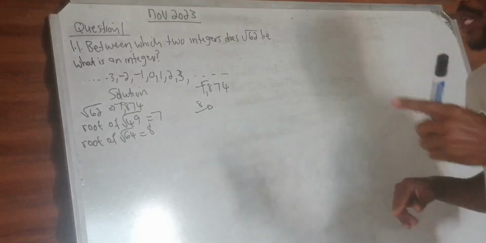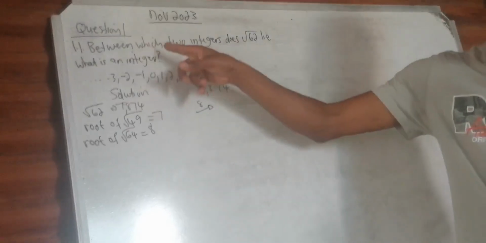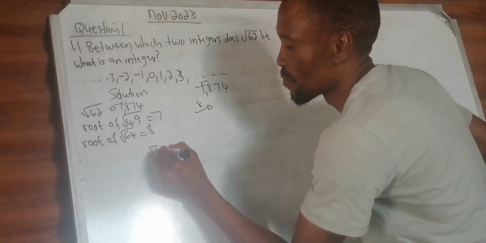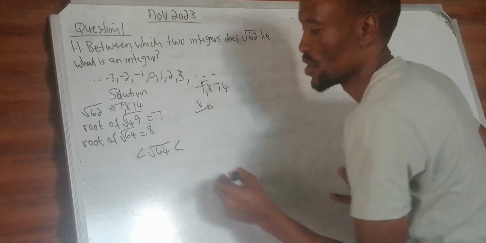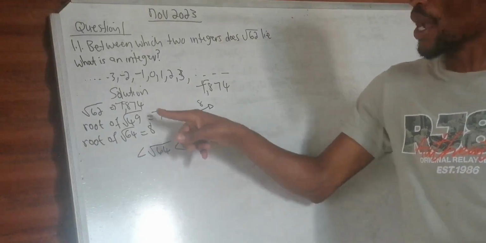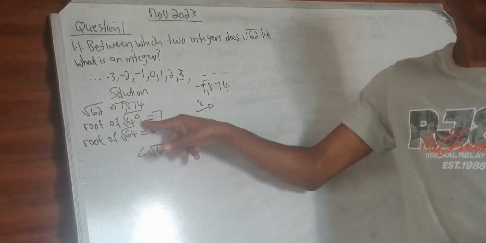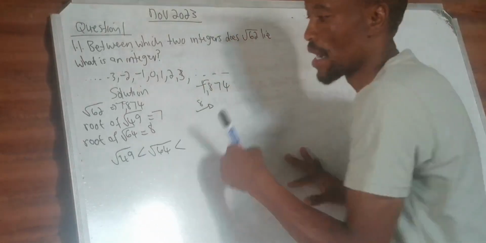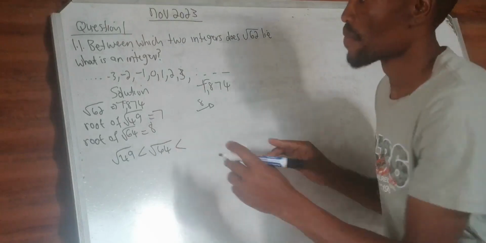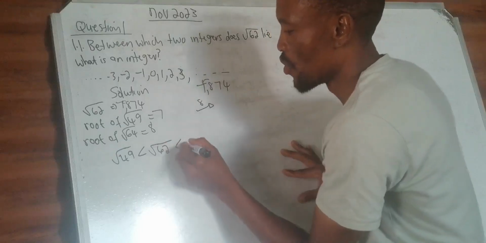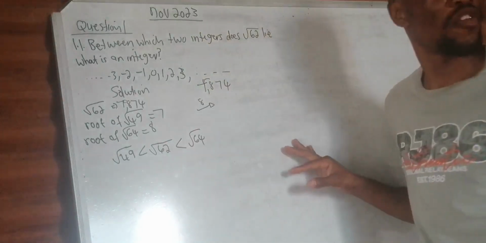Remember we are asked between which two integers the root of 62 lies. Here is the root of 49 and here is the root of 64, with the root of 62 in between.